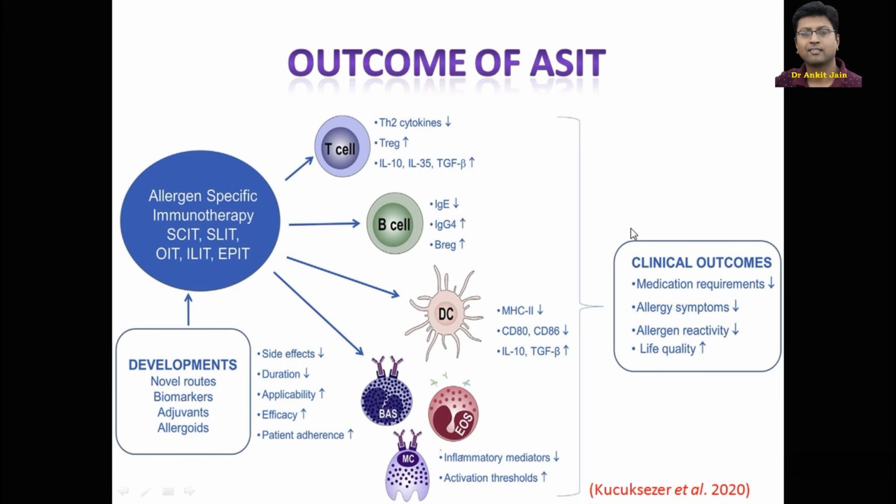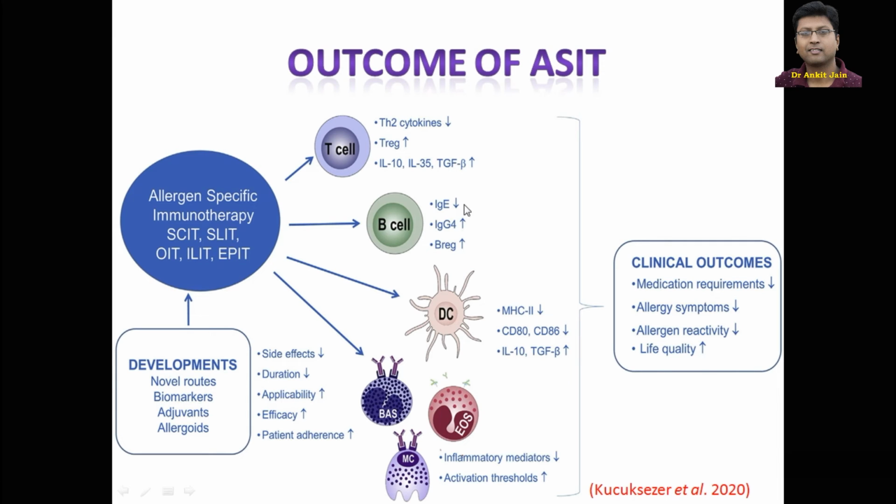Now comes the outcome of allergen specific immunotherapy. When we introduce the particular allergen, it will go inside the body. It will decrease the T helper cell 2 response, increase the T regulatory cell response, and increase interleukin 10, interleukin 35, then tumor growth factor beta. It will downregulate the B cell.